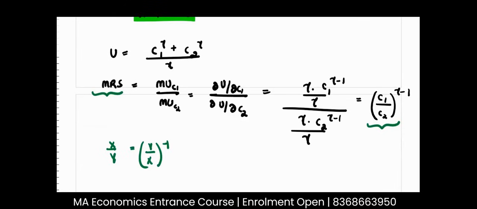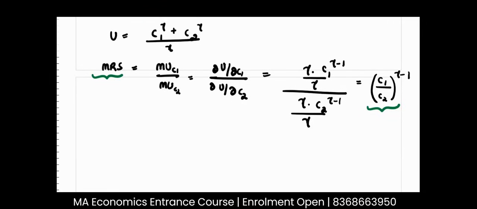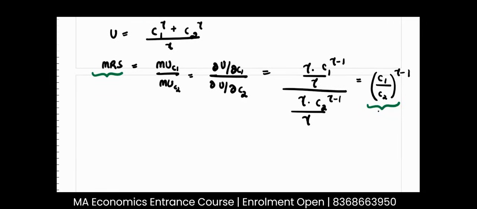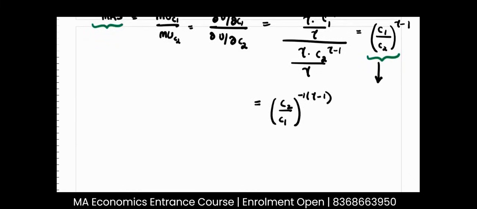This is exactly what I'm going to do. Let me say that this is equal to C2 by C1 and switch the power with minus 1, so into minus 1 times gamma minus 1. So this will be C2 by C1 to the power 1 minus gamma. This will be MRS.